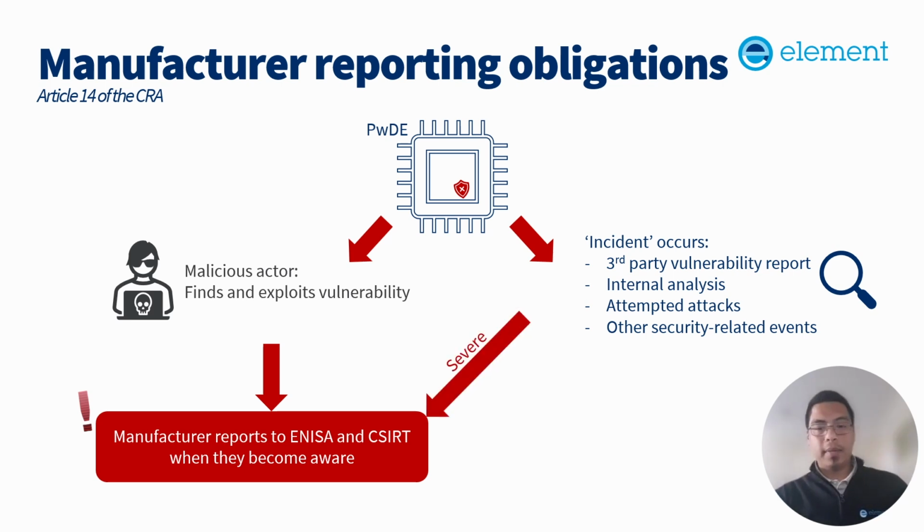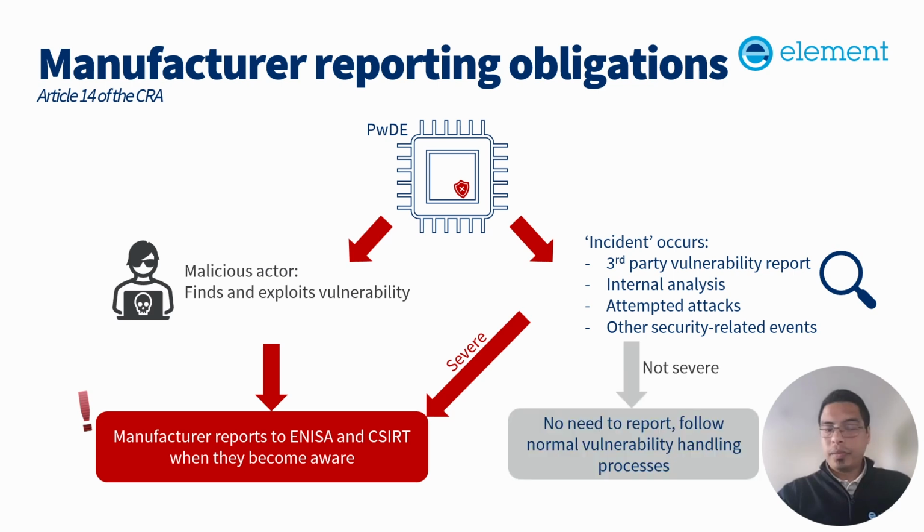And if it's severe, it needs to be reported to ENISA and the CSIRT following the timelines outlined in Article 14 of the CRA. If it's not severe, then there is no obligation to report this, and the normal internal vulnerability handling processes can be followed to mitigate this incident should it be required.